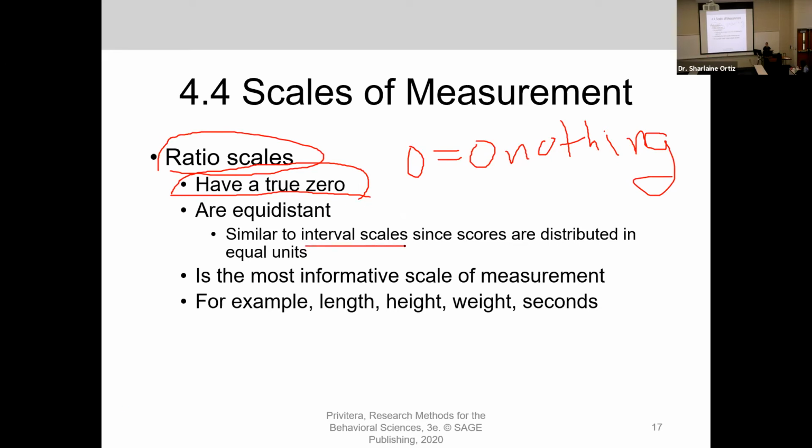Similar to the interval scales, you're going to find that in this case, the distance between our measurements, whatever that may be, is also equidistant. The distance between these two is the same distance as these two values. Generally, in this specific case, we consider ratio scales as the most informative of all the scales of measurement.